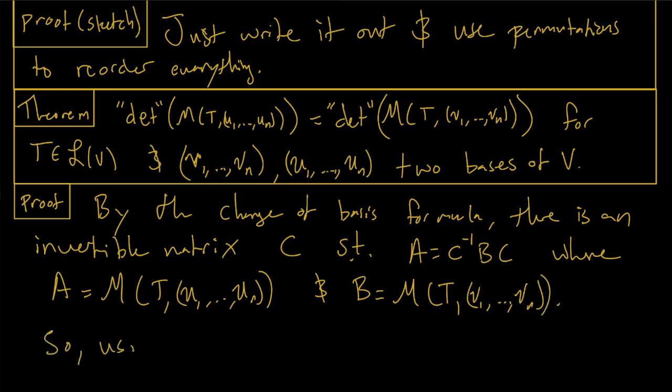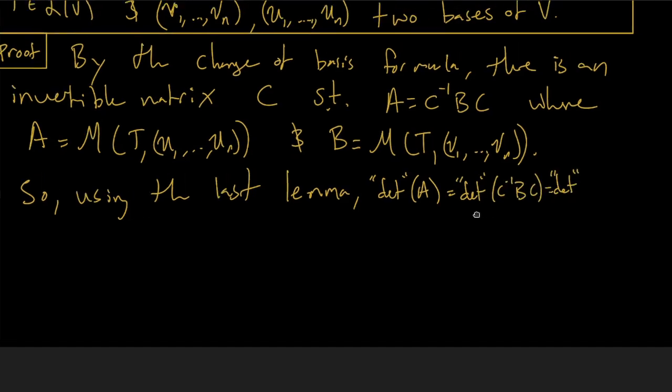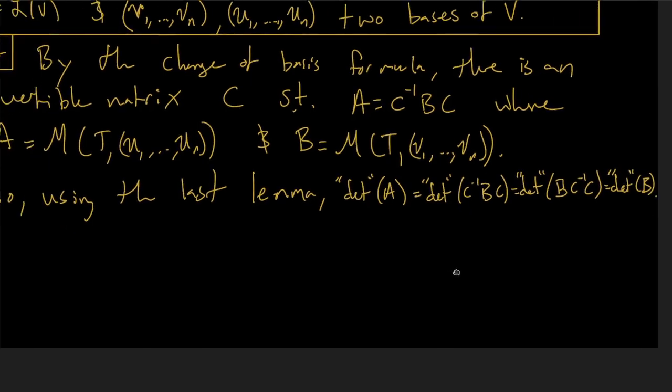So, using the last lemma, the determinant, in quotes, of A is equal to the determinant, in quotes, of C inverse BC, which is equal to the determinant, in quotes, of B C inverse C, which is the determinant, in quotes, of B. Right?